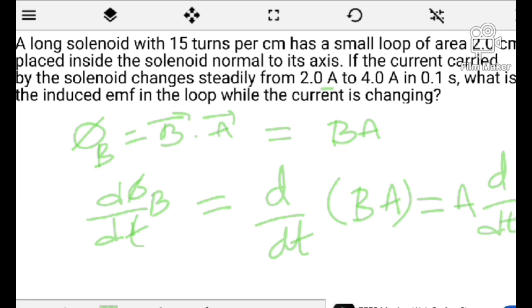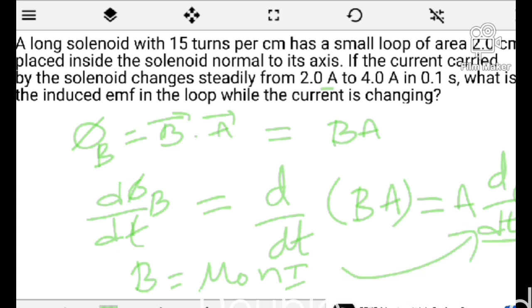Then A into d by dt of B. Then what is B? Mu naught n i. Now substitute the B value in this.